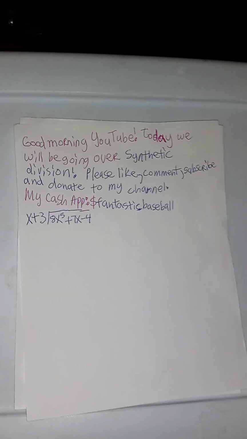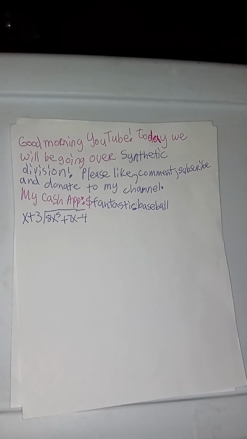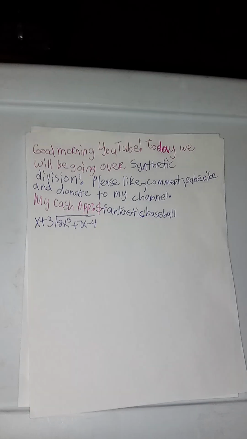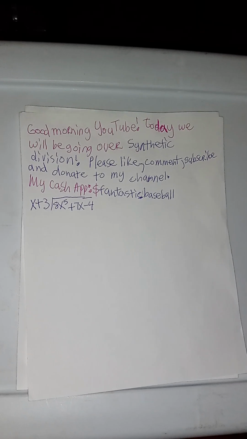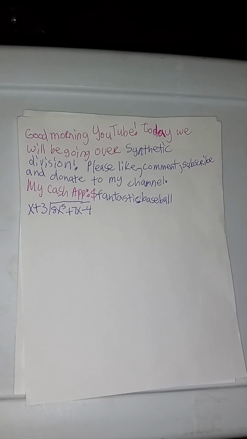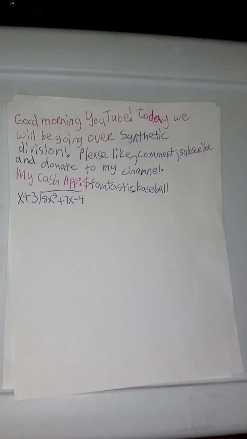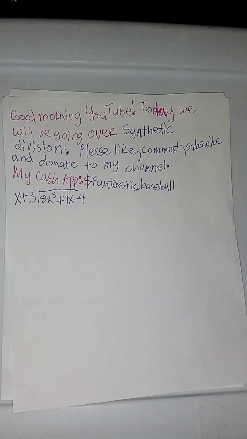Here we see 8x to the fifth power plus 7x minus 4, divided by x plus 3. Now, the first step in doing synthetic division is that we must find a zero, or what is called an x-intercept.